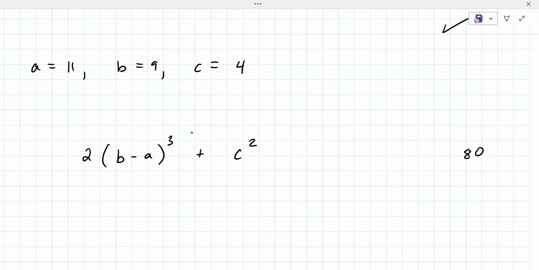Let's take a look. 2 times 9 minus 11 to the power of 3 plus 4 squared.